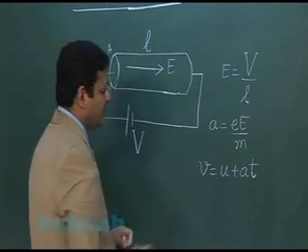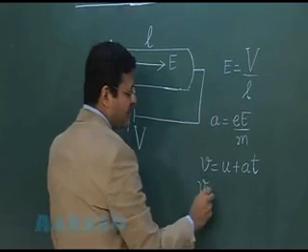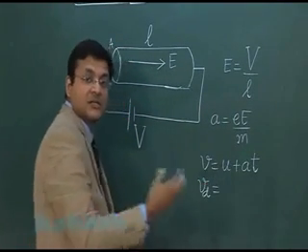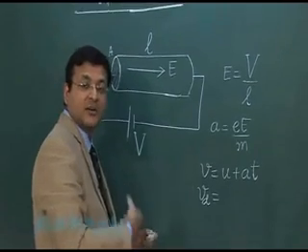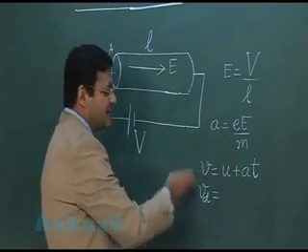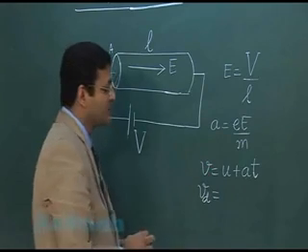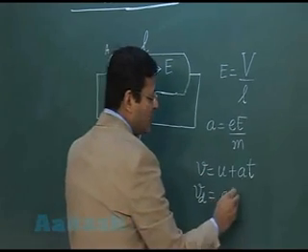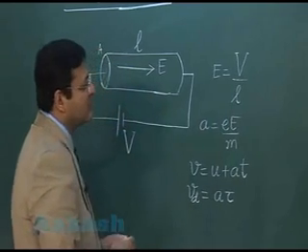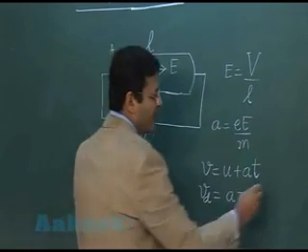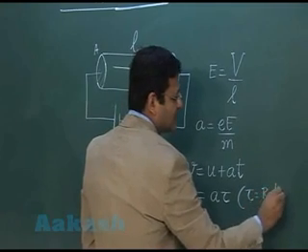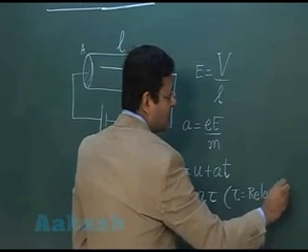Average speed you will be writing as drift speed. Initial speed is 0 because as soon as a collision happens, after the collision the electron starts with 0 speed, and the average speed it acquires, that is Vd, is equal to a into tau. This tau is a new term which is coming to you. Tau is called relaxation time.